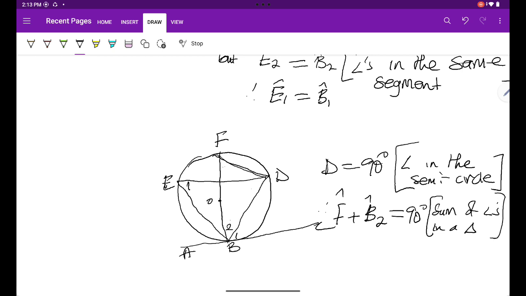So already D took 90, so F and B2 are remaining with the other 90. So the sum of angles in a triangle must give us 180 degrees.